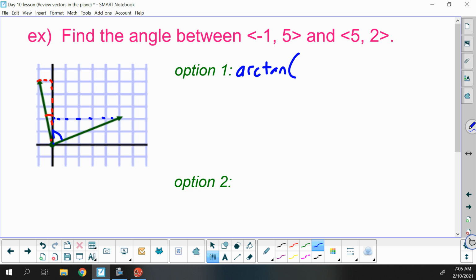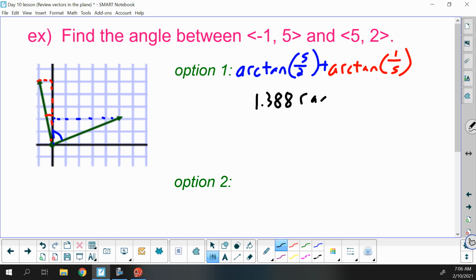Arctan of our opposite, which would be 5, over our adjacent, which would be 2, plus the arctan for that red one, where the opposite is 1 and the adjacent is 5. So if you put that in, our calculators are probably in radians, and you get 1.388 radians.